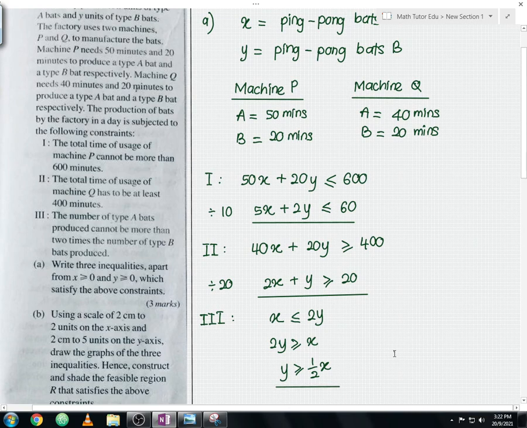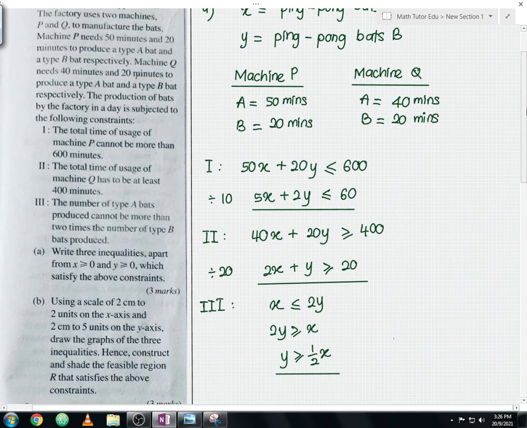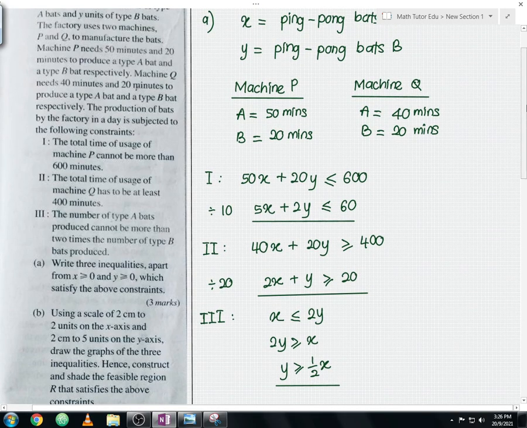Let us proceed with question part B. For part B, we are required to draw the graph of the three inequalities that we found in part A, and construct and shade the feasible region R that satisfies the above constraints. By the way, I've already completed the graph and shaded the region for you. Let me show you the complete graph now.